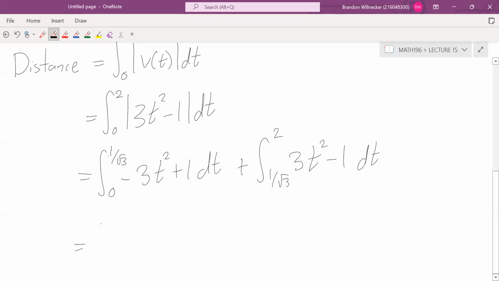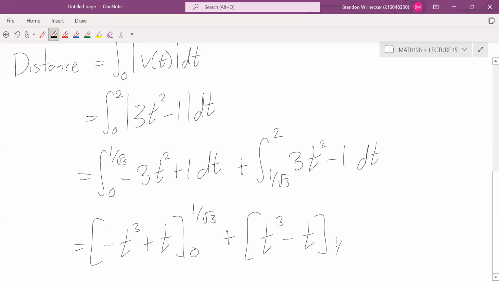So let's do this first part. We're going to have minus t cubed plus t from 0 to 1 over root 3 plus, and then for the second part, we're going to have t cubed minus t from 1 over root 3 to 2.